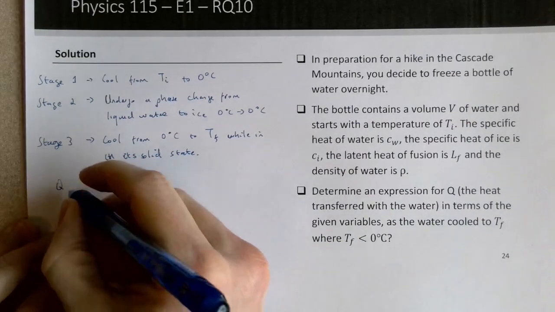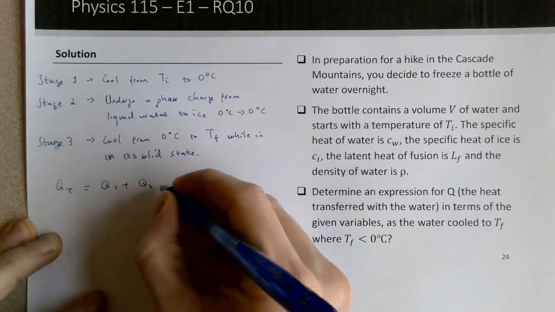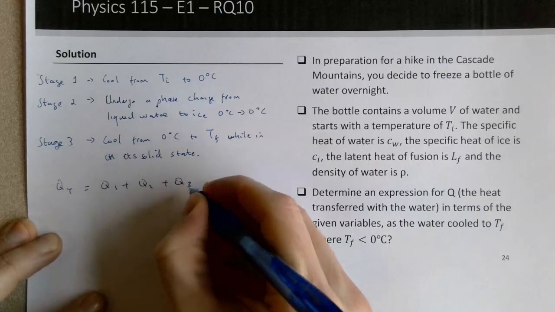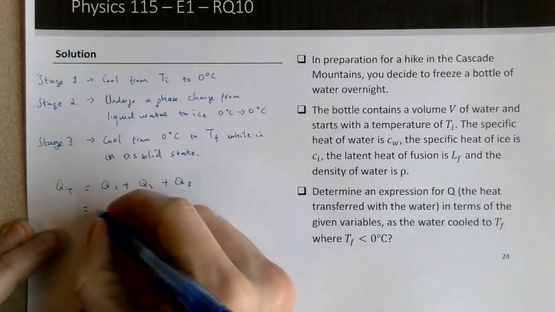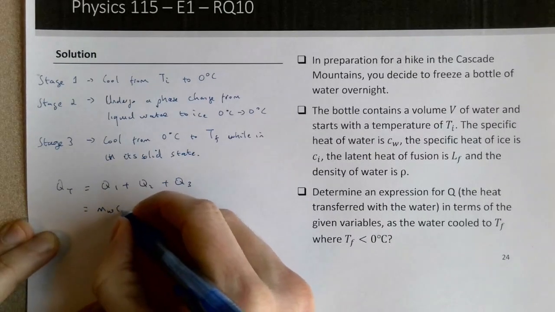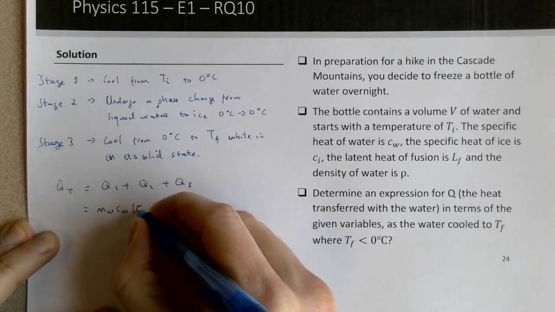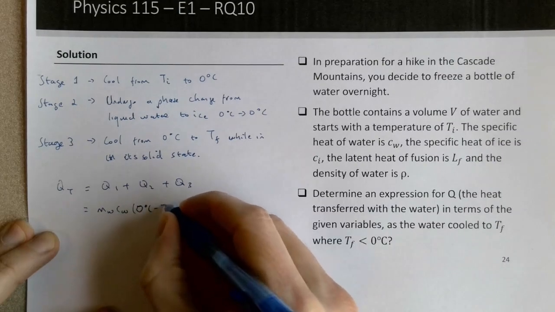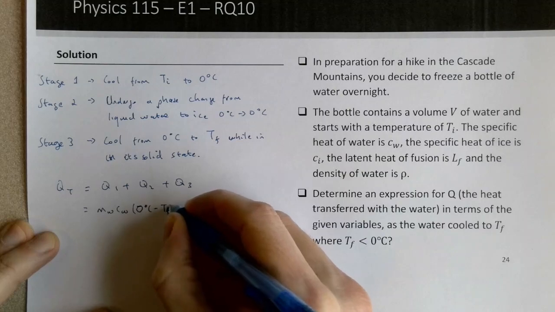If you think about Q total, it will be Q1 plus Q2 plus Q3. And in Q1, we would have the mass of the water, C of the water, times the change in temperature. So this final temperature is 0 degrees minus T initial. Sorry about that.